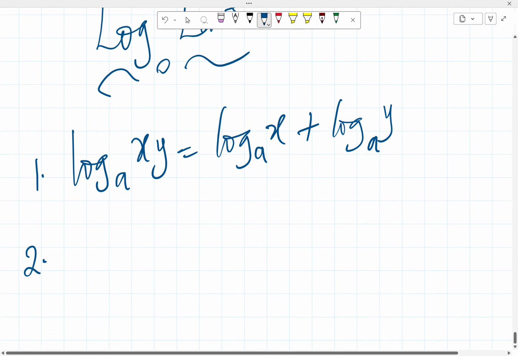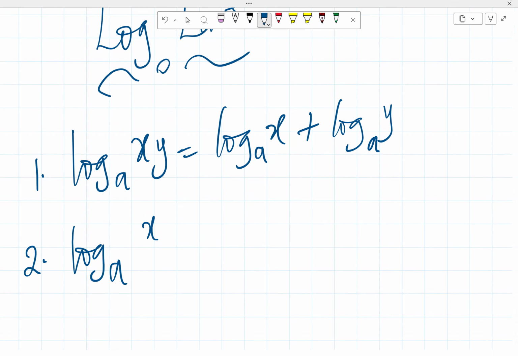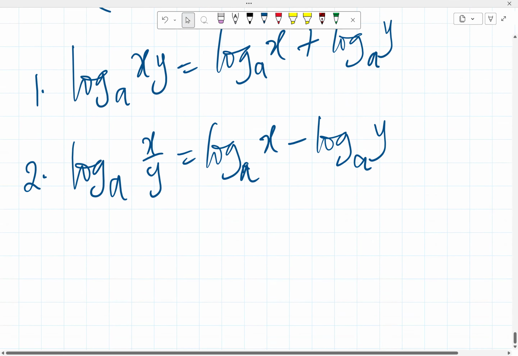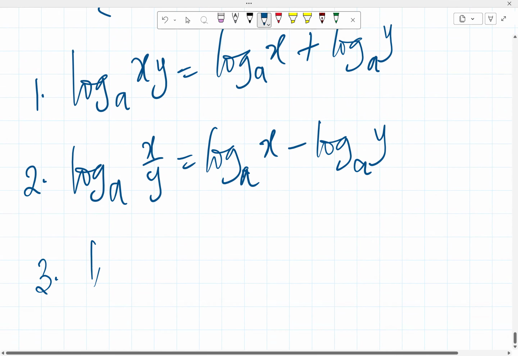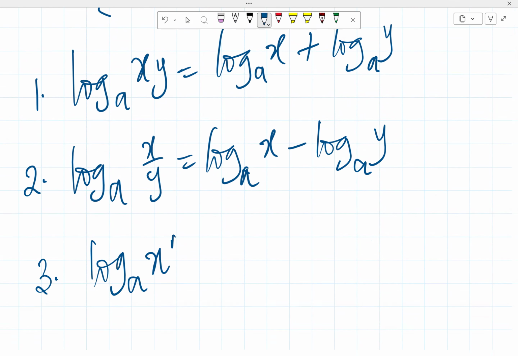Then we have the quotient law that log to base a of x over y is equal to log x to base a minus log y to base a. Okay. Three, we know that the log to base a of x raised to power n is always equal to n log, the power comes down, n log x to base a.